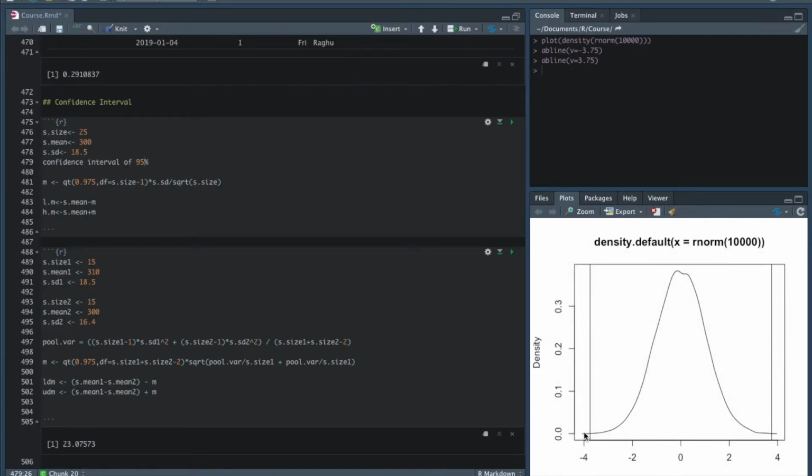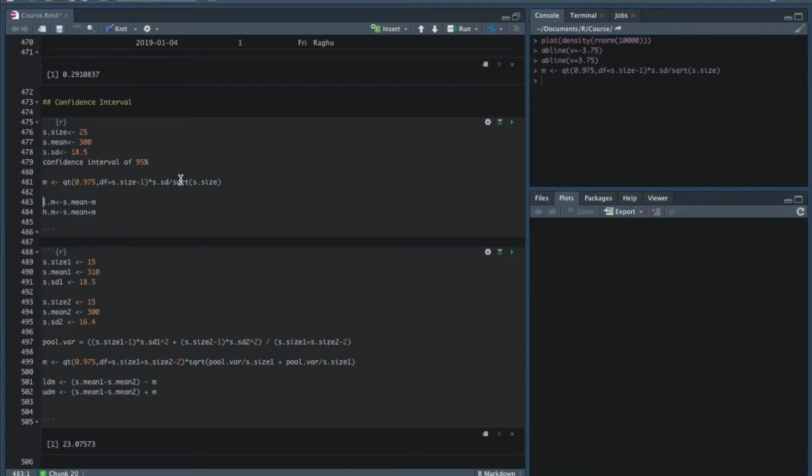One side is 2.5, the other is 2.5, and if you subtract that from 1, we get 97.5. So we calculate the margin from here.